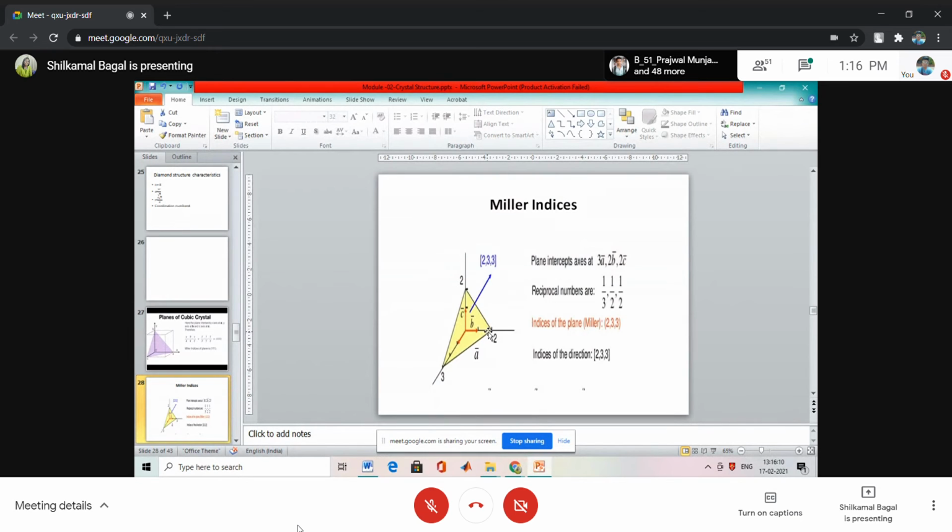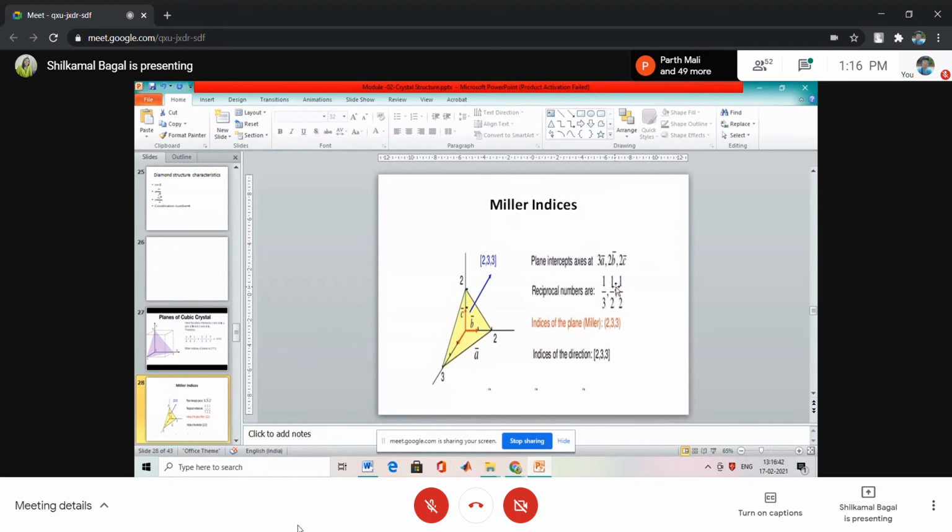See how these indices are given to one of the planes. Suppose we have this plane which has intercepts on the axes 3A, 2B and 2C, where A, B and C are the lattice constants, that is the edges of the unit cell. Then the reciprocals of these intercepts will be 1/3, 1/2 and 1/2. Then the Miller indices of the plane are written by converting these reciprocals into integers.